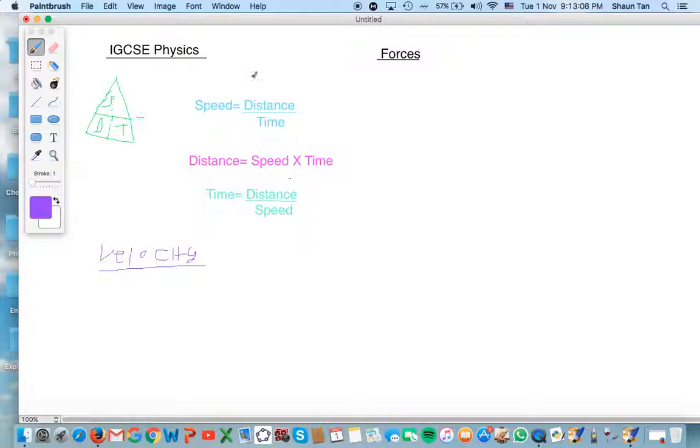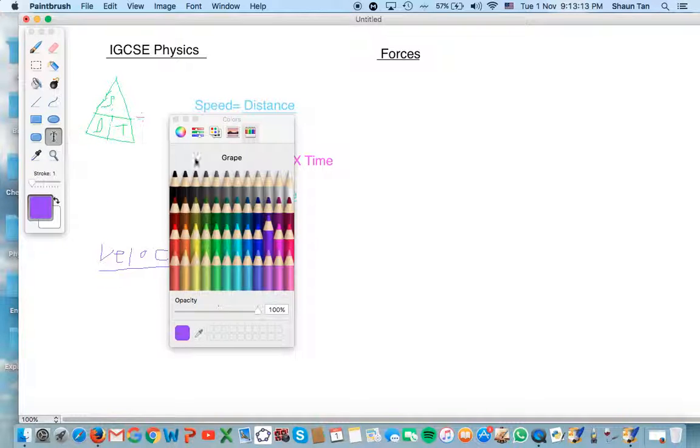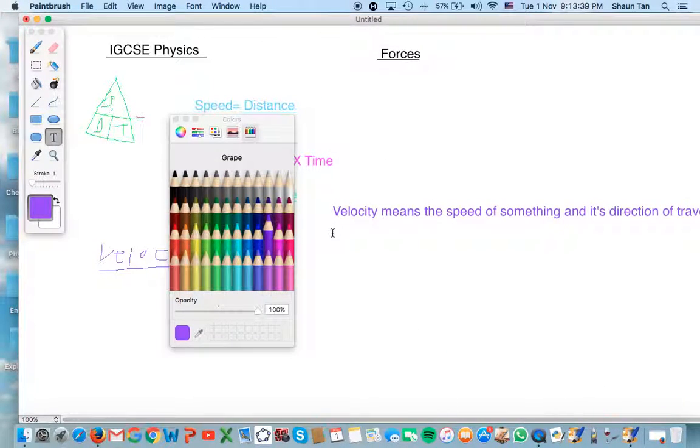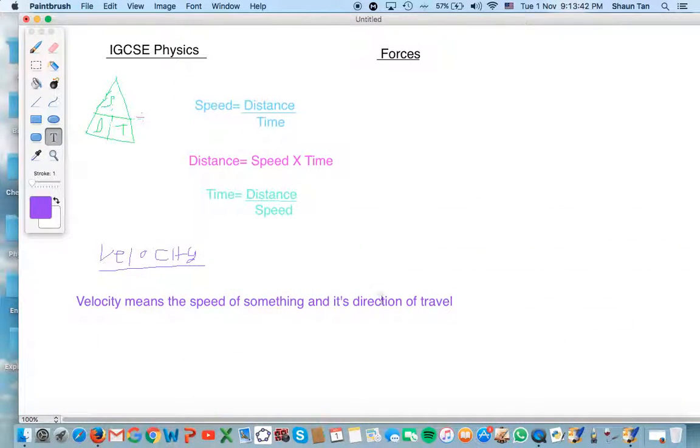And you're thinking, well, velocity sounds like something like speed, but no. The definition of velocity is: velocity means the speed of something and its direction of travel. So this is the definition of velocity. Velocity means the speed of something and its direction of travel.